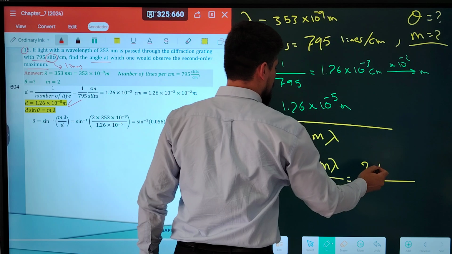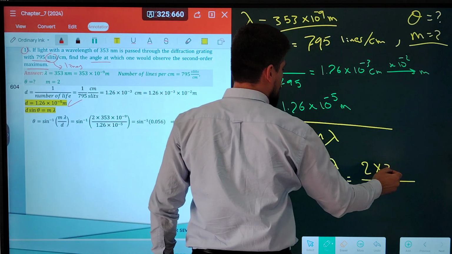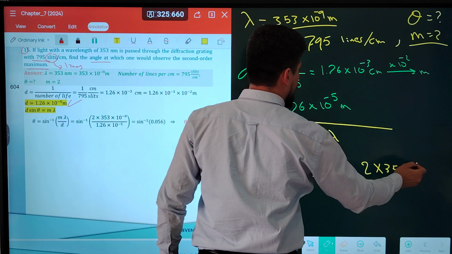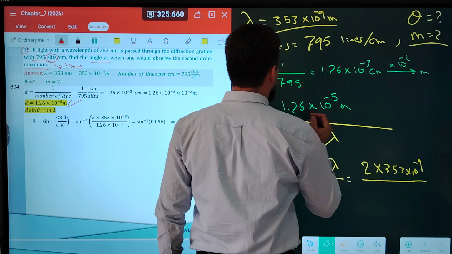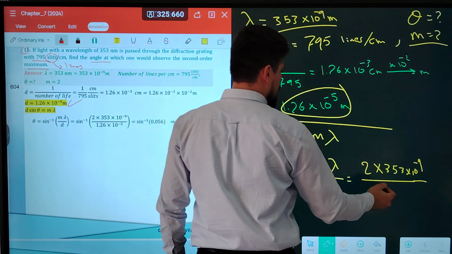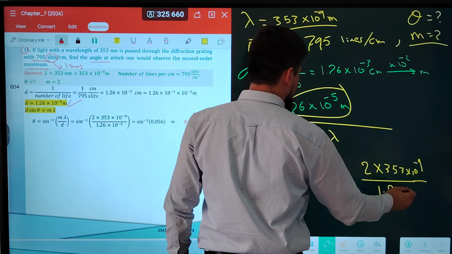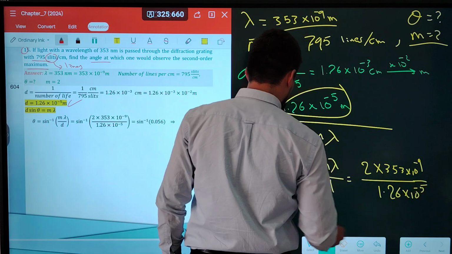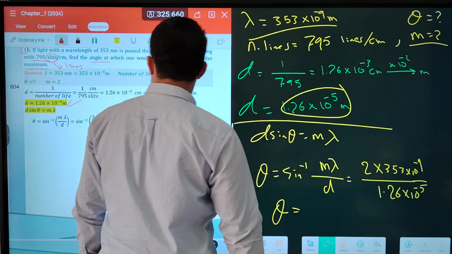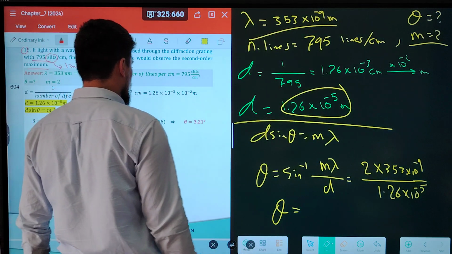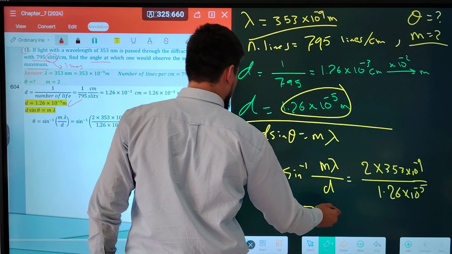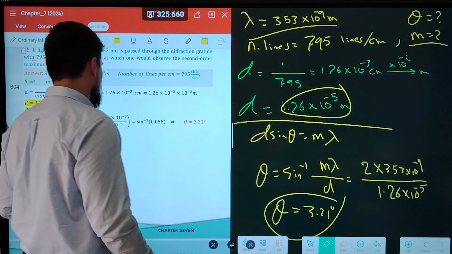Yes, second order, 2. The wavelength was given, 10 to the power negative 9, over the distance, which we found as 1.26 times 10 to the power negative 5. And the theta of the second order that appeared on the screen is equal to 3.21 degrees with respect to the central bright fringe.